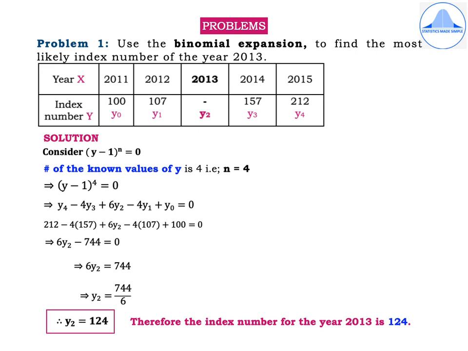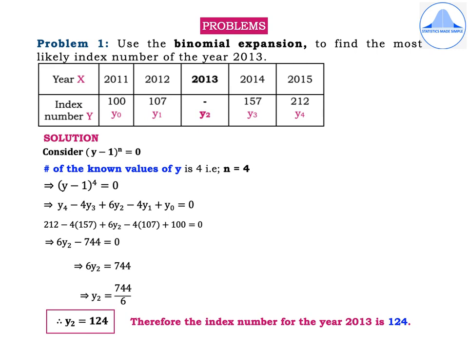So the year you can mark as capital X, that is a variable, and the index number you can mark as capital Y, and the values that Y takes are denoted by y0, y1, y2, y3, y4. In this problem, we have to find out the value of y2 corresponding to the year 2013.